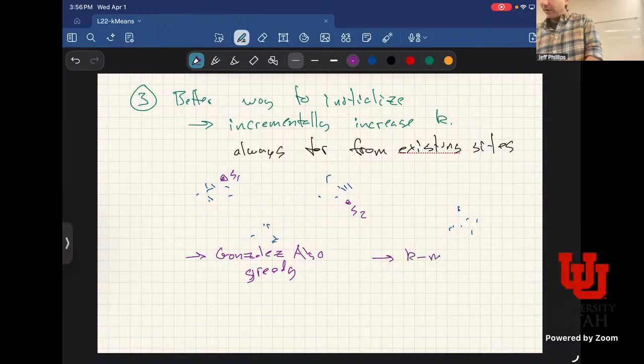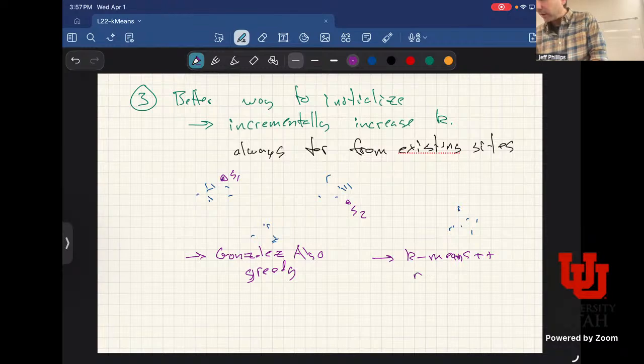The right algorithm is called k-means plus plus. This is built into most packages. When you call an algorithm to run k-means clustering for you, it usually will initialize with k-means plus plus, and then it will run Lloyd's algorithm to break ties, or if you have one of the sites that has nothing assigned to it, it deals with all these issues.